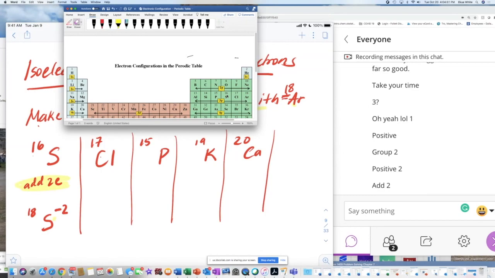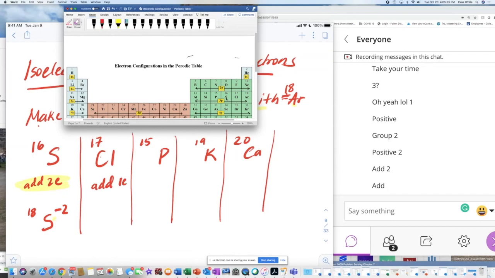What about chlorine? Do I remove electrons or add electrons? I'm adding 1. Think about this kind of like a game. Sulfur started off in this position right here, having only 16 electrons. We're trying to get sulfur to be isoelectronic with argon. So it has to move 2 spots, and to do that, it has to gain 2 electrons without changing the element sulfur.